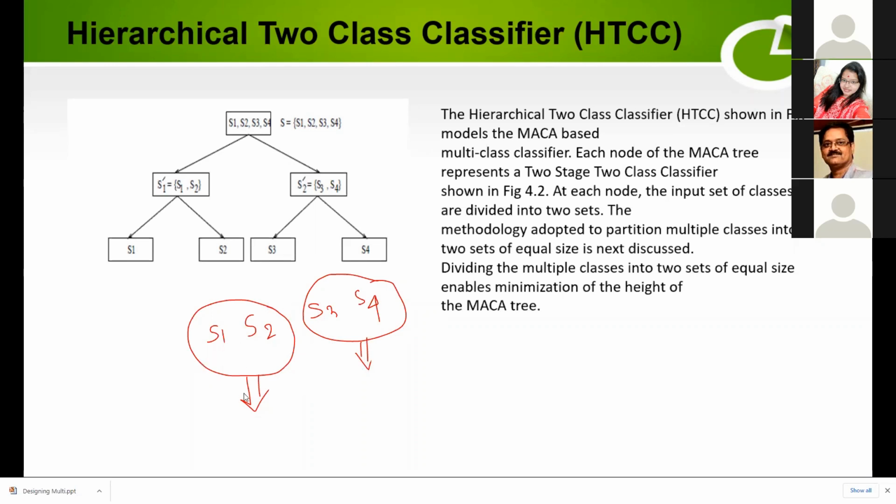When this first division is over, we again select some CA which divides our data set into S1 and S2, and S3 and S4. This approach is called the hierarchical two-class classifier.